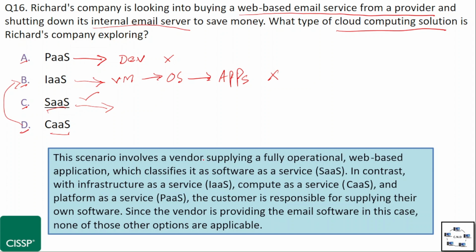This scenario involves a vendor supplying a fully operational web-based application, which classifies it as software as a service. In contrast with infrastructure as a service, compute as a service, and platform as a service, the customer is responsible for supplying their own software. Since the vendor is providing the email software in this case, none of these other options are applicable.